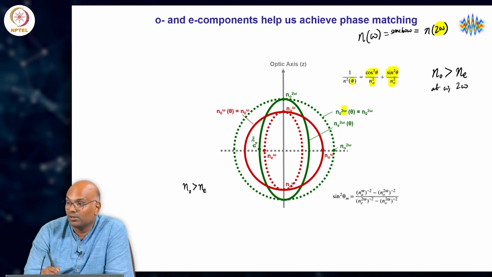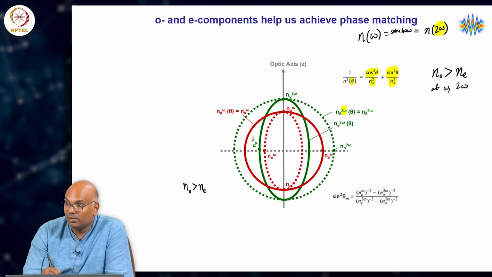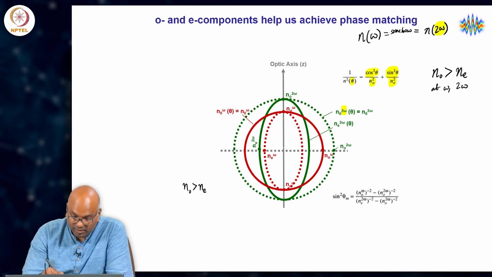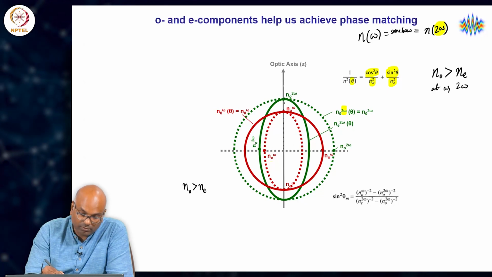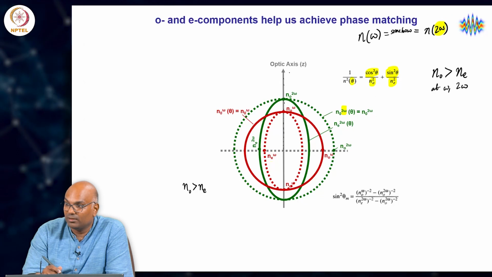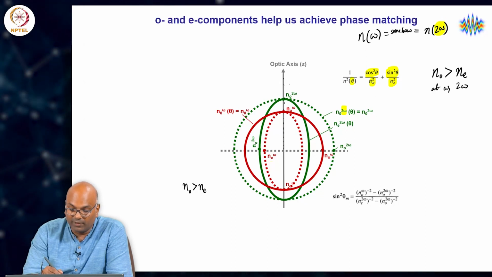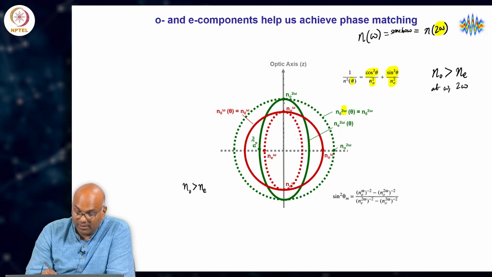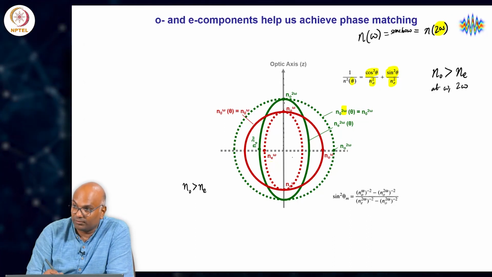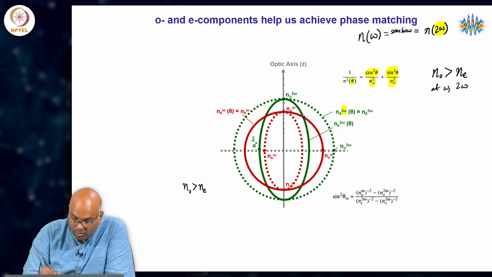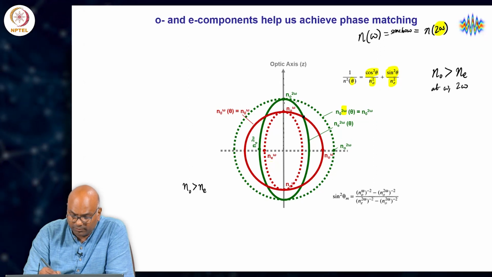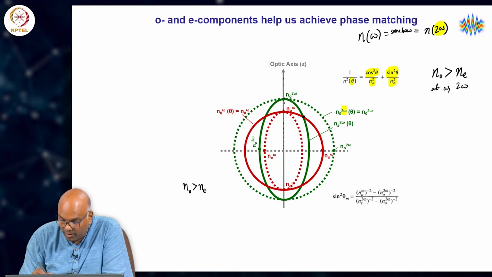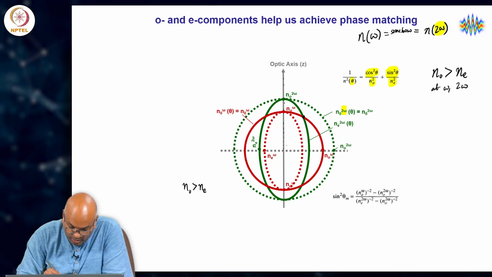If I chose now this medium and propagated the wave along the optic axis, okay, I match the optic axis of the medium with the vector k, then look at this, there is such an angle, okay, at which n ordinary of omega and Ne of theta at 2 omega match.